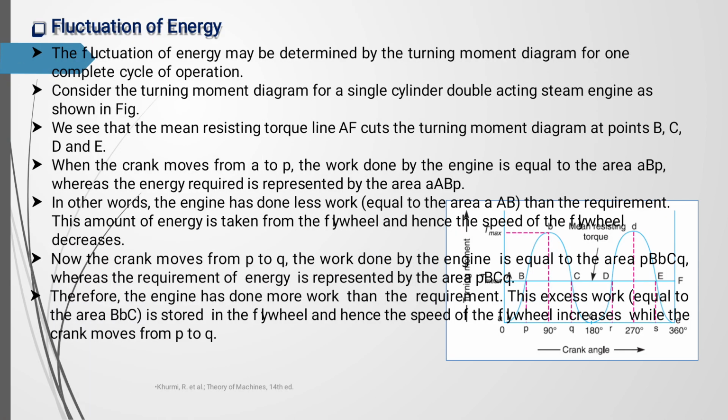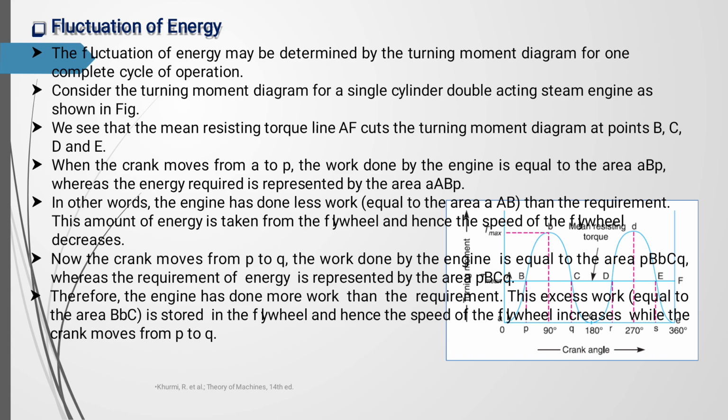Next, let us move on to the fluctuation of energy. What is fluctuation? All of you know the meaning of the word fluctuation. In electrical systems, fluctuation means variations, such as low voltage or very low power. Similarly, we speak of fluctuation in mechanical energy systems.